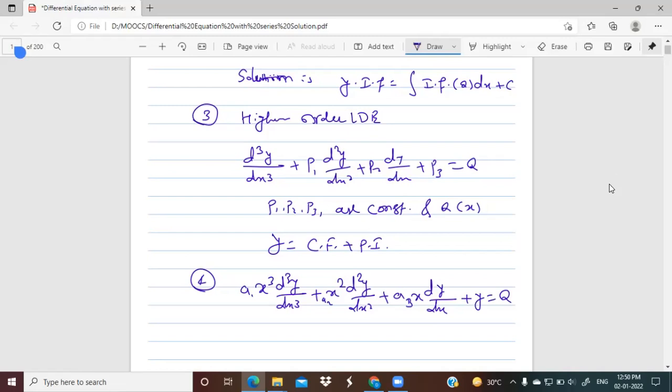This is with non-constant coefficients, unlike the earlier case where p1, p2, p3 are constants. We know how to solve this type of equation: it is Cauchy's equation, and we can reduce it to linear form by putting z is equal to log of x.